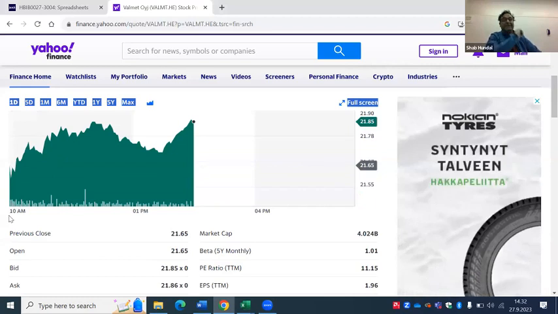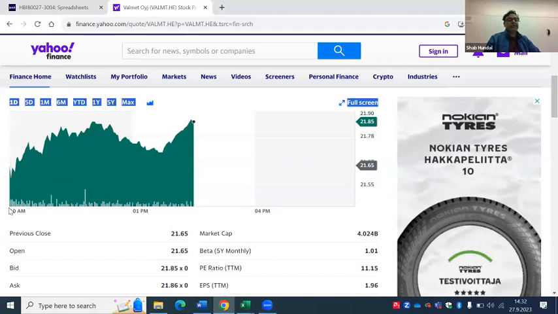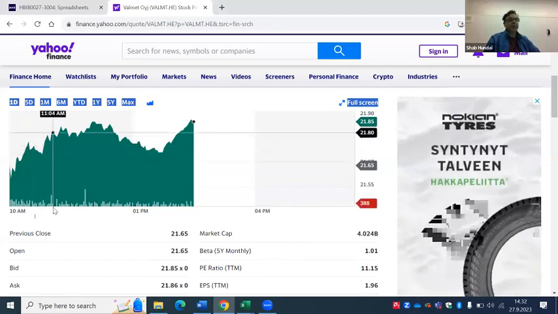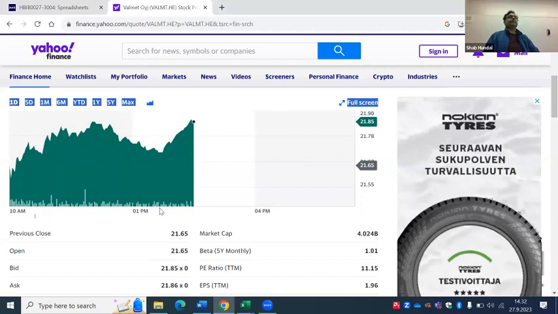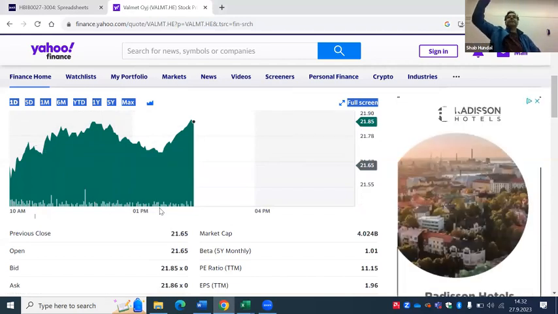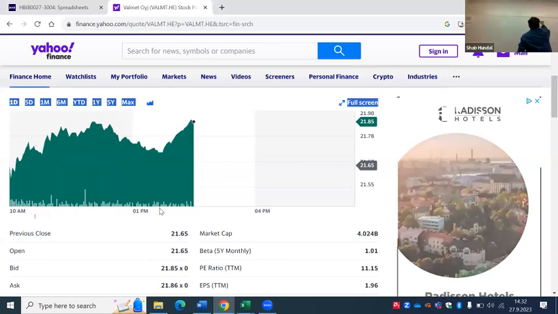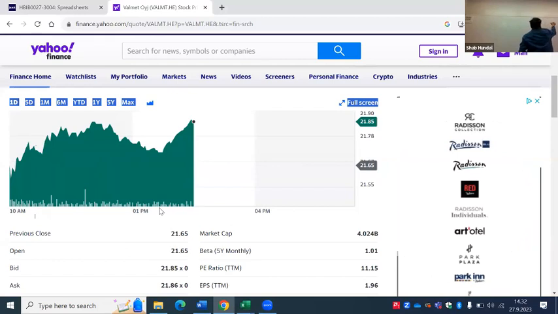Now imagine if I only check the price at 10 o'clock, then at 11 o'clock, then at 12 o'clock, then at 1 o'clock, then at 2 o'clock, then this curve, this shape would have been missing. Then we only have this type of 10 o'clock, 11 o'clock, 12 o'clock, 1 o'clock.